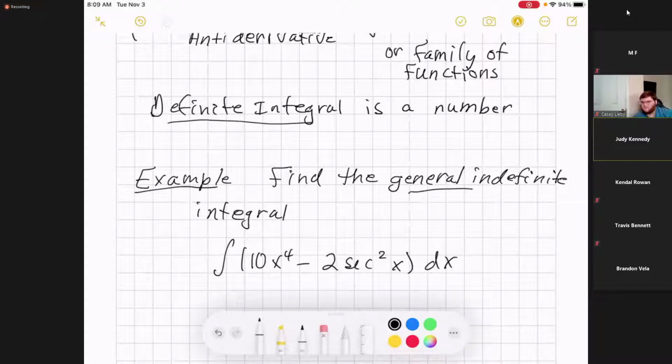Okay, it says find the general indefinite integral. That means I want the entire family of functions that serve as antiderivatives of this function.